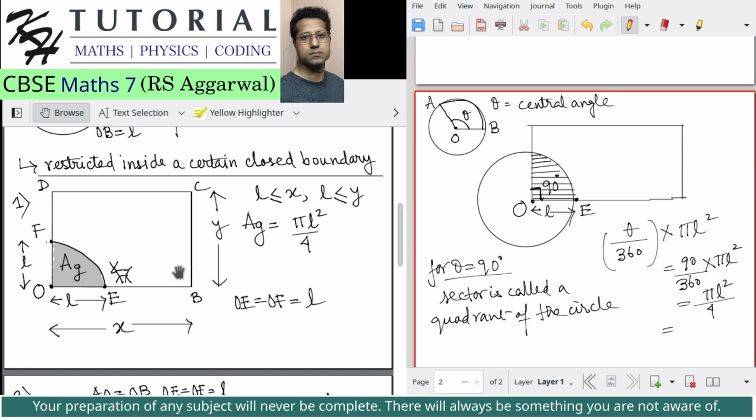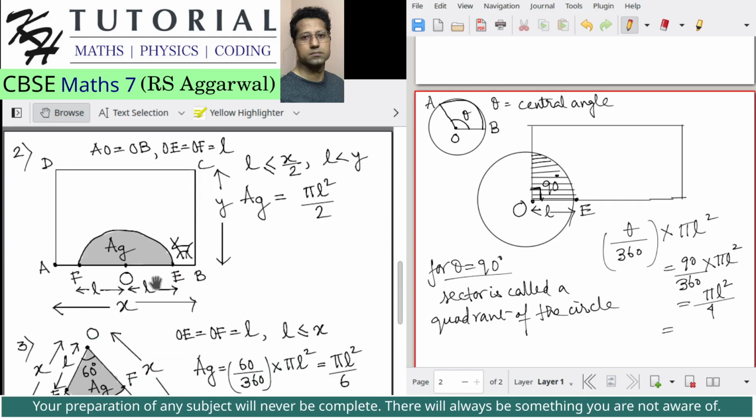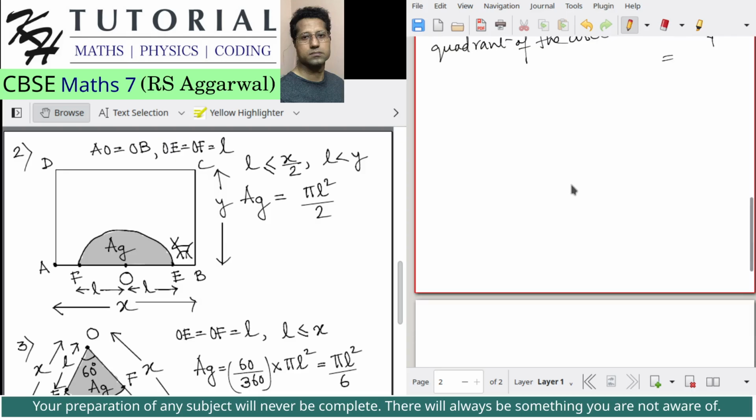Okay, the second scenario is that, let's say the animal is tied at the midpoint of an edge, at the midpoint of the edge AB. So in this case, the animal is tied at the point O, which is the midpoint of the side AB.